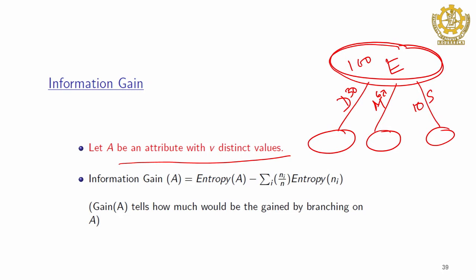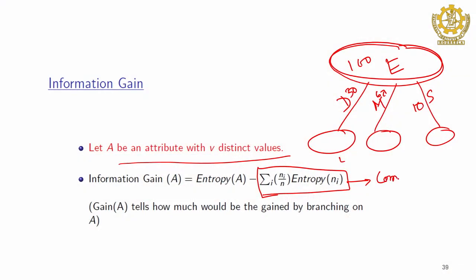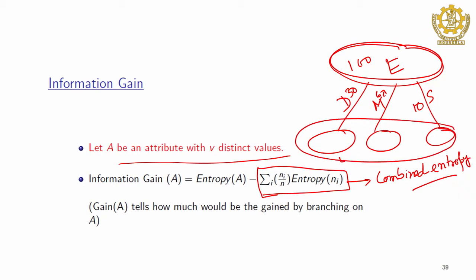Then we take the weighted sum of the individual entropies. That gives the combined entropy, that is, the entropy after split. And the gain will naturally be the entropy of the parent node minus the combined entropy. That gives you the information gain.